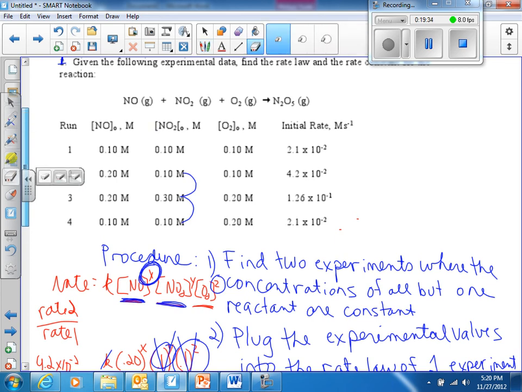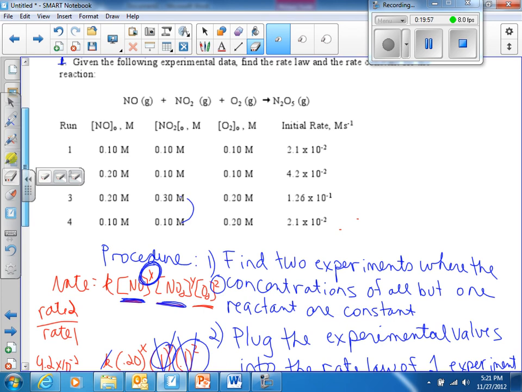So I need NO2 to be changing. Oh, actually, I could have NO constant because this right here is raised to the 0 power. So actually any two experiments where the NO2 is changing would be fine.